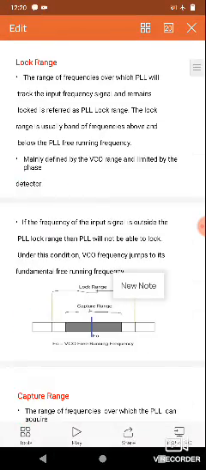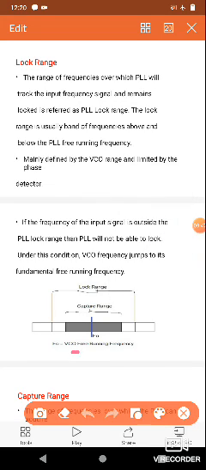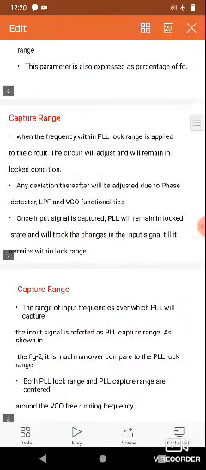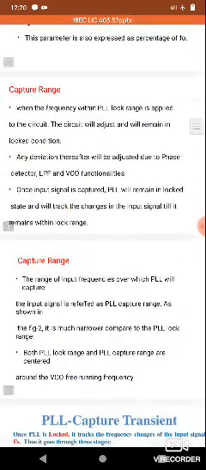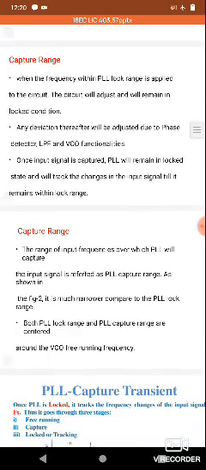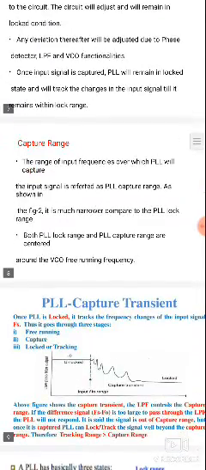The capture range is narrow and the lock range is broad.